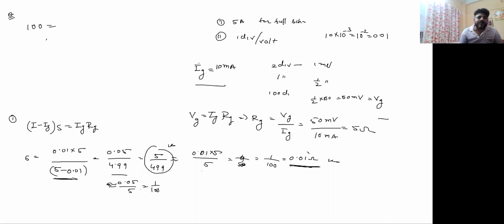So 100 volt equals Ig times (Rg plus RL). Ig is 10 to the power minus 2, Rg is 5, plus RL. So 5 plus RL equals 100 into 100, that is 10,000. So RL comes to 9,995 ohm. Yes or no?